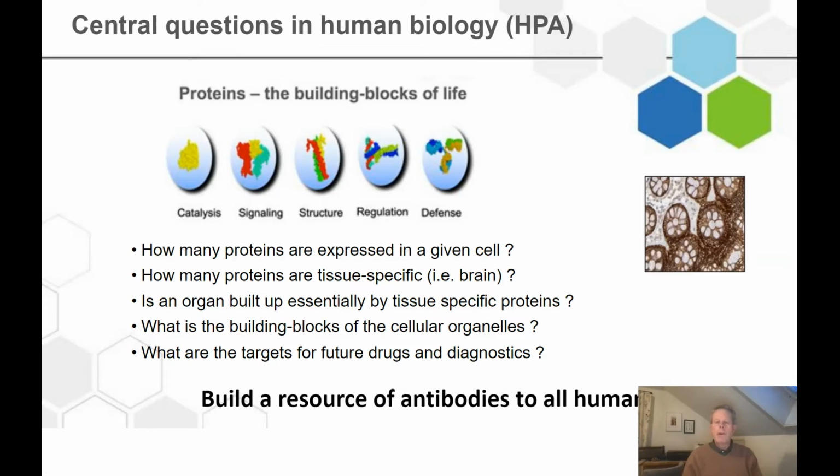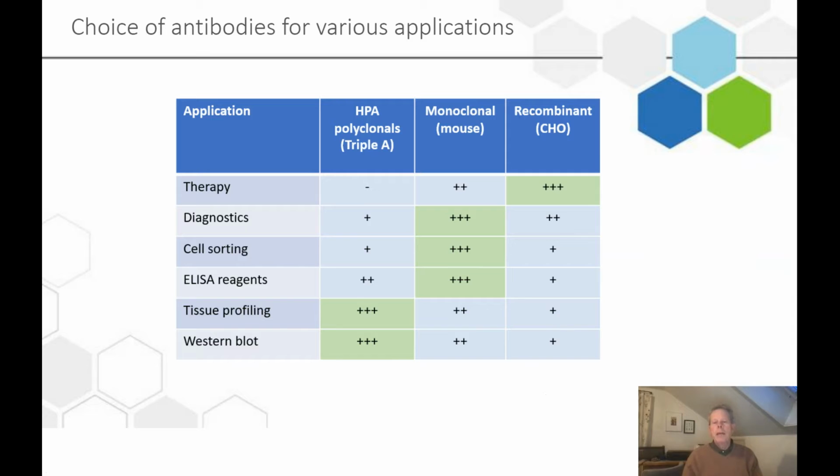And the way we started doing that was to build a resource of antibodies to all human proteins. We decided to not go for recombinant antibodies, which are of course excellent for therapy.